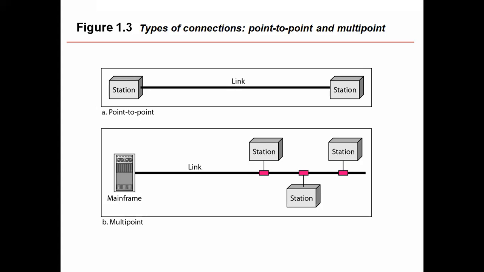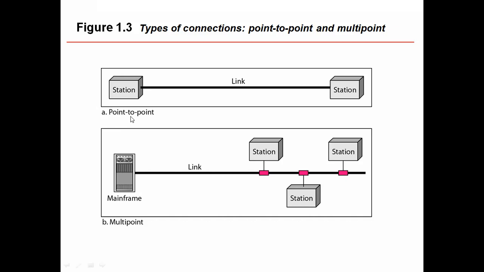So now, as I told you earlier, point-to-point and multi-point connections. Point-to-point means you have two stations, station 1 and station 2, with a link between them so that station 1 can send data to station 2 as well as station 2 can send data to station 1.